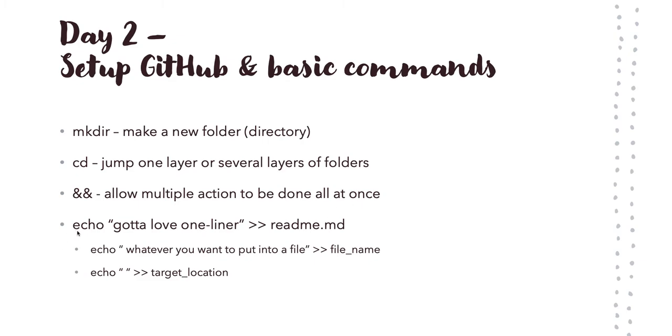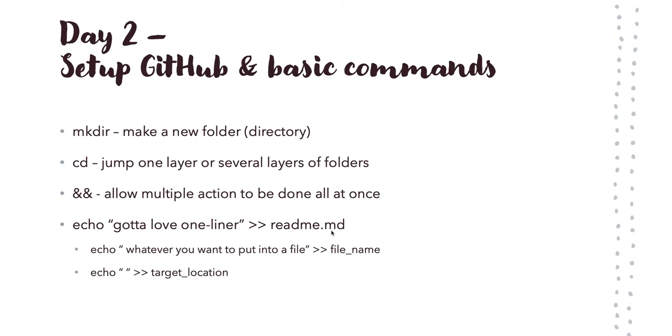And there's also something right here, echo. Echo can actually mean a lot of things, but in this scenario, it's basically calling out whatever's in this quote, gotta love that one-liner, and directing that content into a file that we called readme.md.